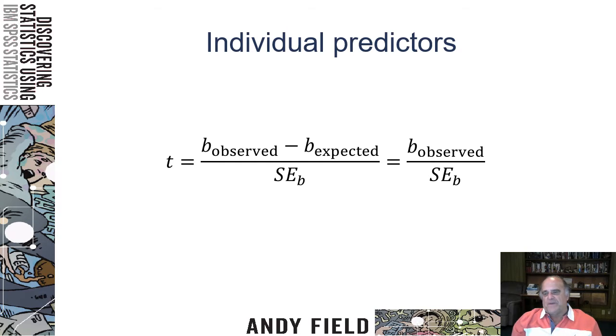It doesn't have to be, but in most cases, we're going to hypothesize a 0 value for B. So B expected would be 0. So B observed minus B expected is going to give us B observed, since a number minus 0 is the number. And then we just divide by the standard error of B to get our T value.